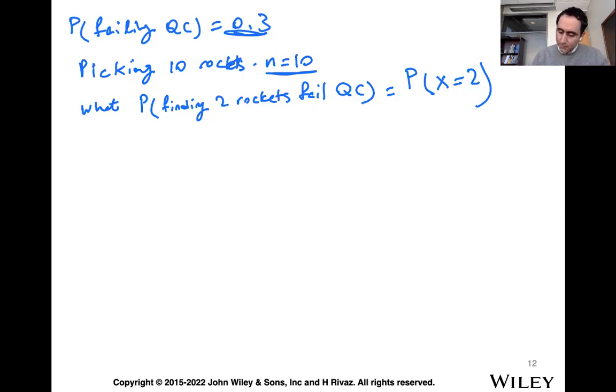So the answer to P is going to be N choose X times P to the power X times 1 minus P to the power N minus X, right? So all I have to do now is to plug in numbers.